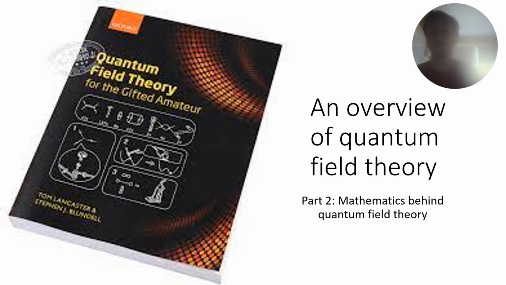I'll be talking about what the maths does, and I wouldn't worry too much if computationally it still seems a bit confusing, because like with all maths, the only way to get good at the maths is practicing the maths, but this will hopefully show you what maths you need to learn quantum field theory. And again, I am following the content from the book Quantum Field Theory for a Gifted Amateur, but giving an overview of the highlights of it.